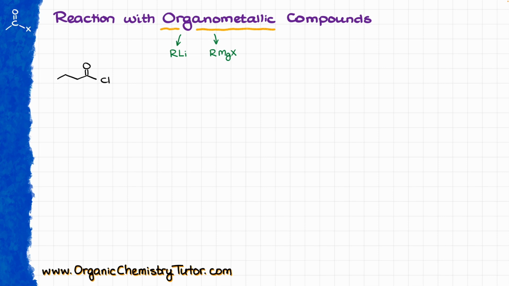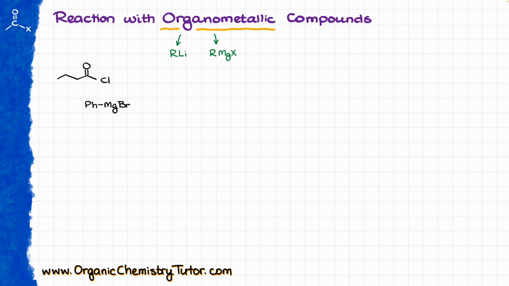We are going to start with our acid chloride, and let's say as my organometallic compound I'm going to use phenyl magnesium bromide. I could use either the Grignard reagent, which is our magnesium halides, or organolithium compounds. For our purposes they are pretty much interchangeable here.